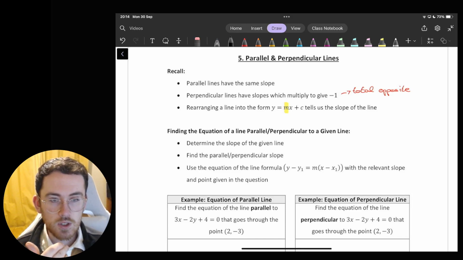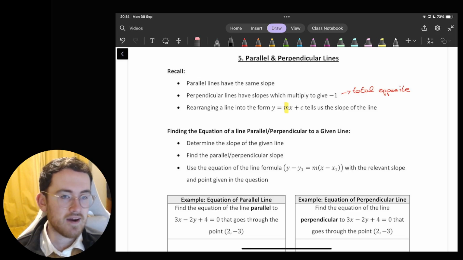I would determine the slope. Then I would find whichever I need, whether it's parallel or perpendicular, adjusting appropriately. So for parallel, it's just going to be the same. For perpendicular, I may need to flip the slope, change the sign. Once I have that done, I need to use my equation of the line formula, where I need a slope and a point. I'll have the slope from the first part, and the point that I'm asked for in the question.